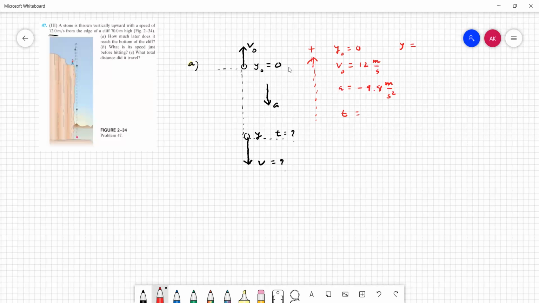If downward is the displacement, but we have taken upward to be positive, what should the final position be? Negative 70 meters. That's crucial. We are not given that negative number in the problem, but we have to write it down, otherwise the problem will be wrong. That's the height. This one is how much?